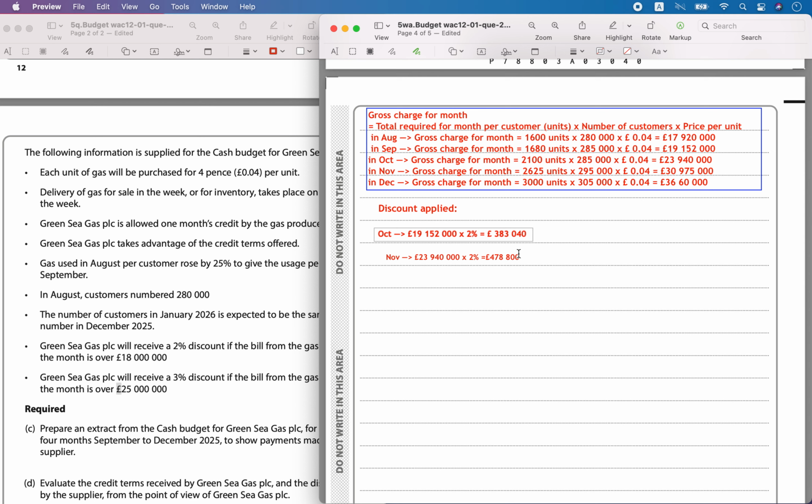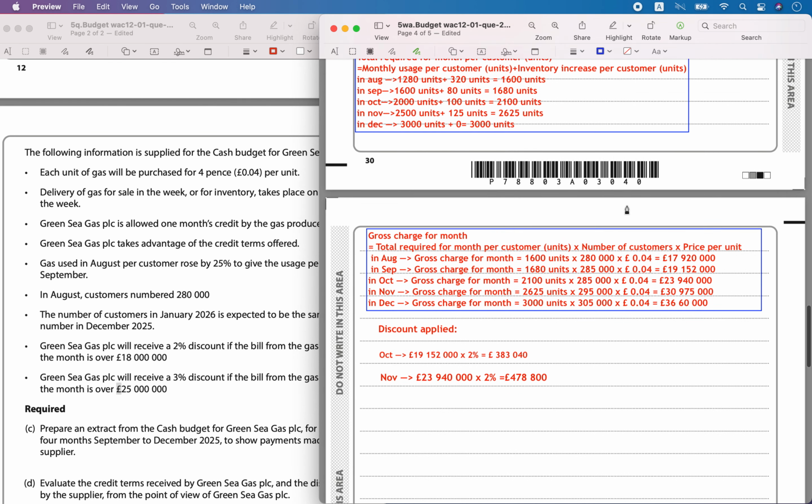So 383,040 will be the discount offered in October, and then for the month of November they will get a discount of 478,800 pounds. So let's write these values here, and then let's calculate what is the actual amount that they need to pay.